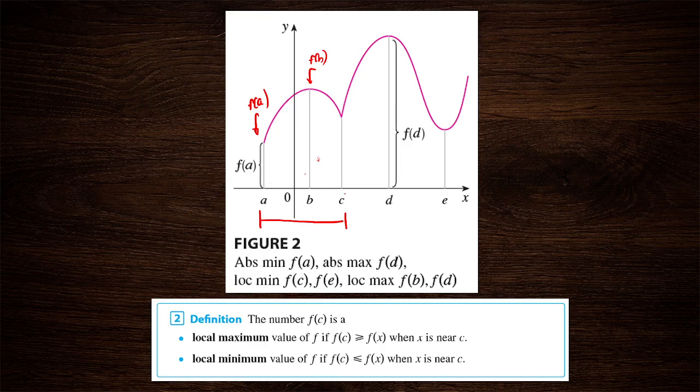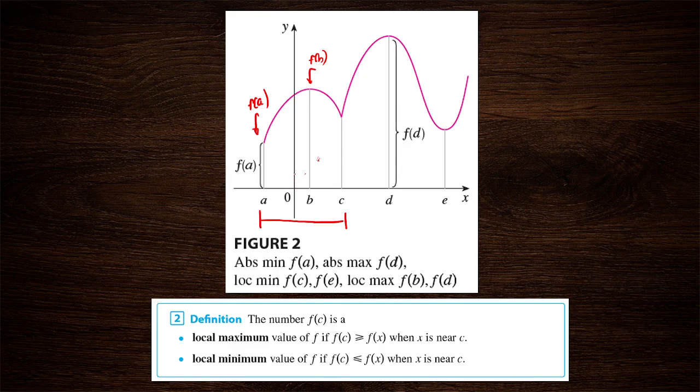But given the interval a to c, we could say that it is the local minimum, and also it could be the absolute minimum. So your f of a has two names.